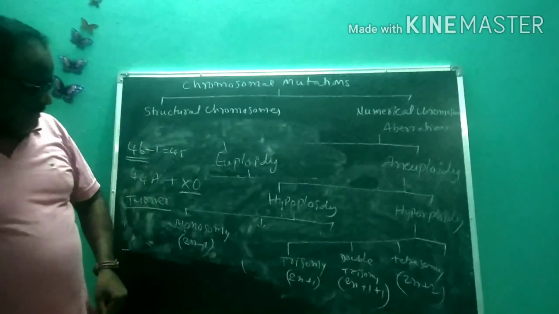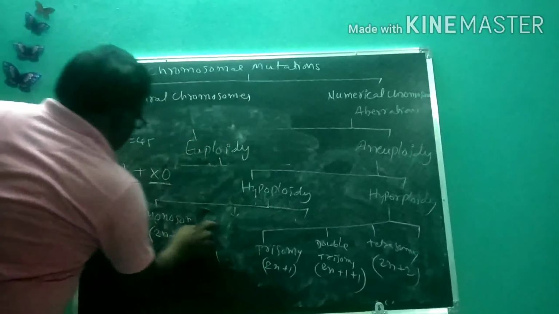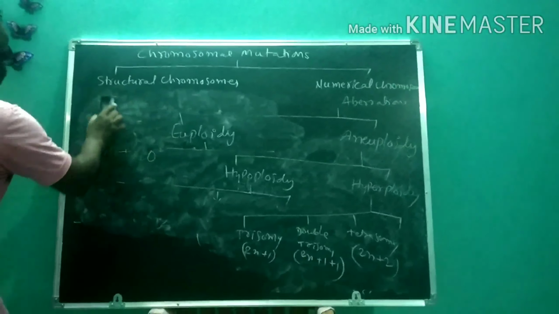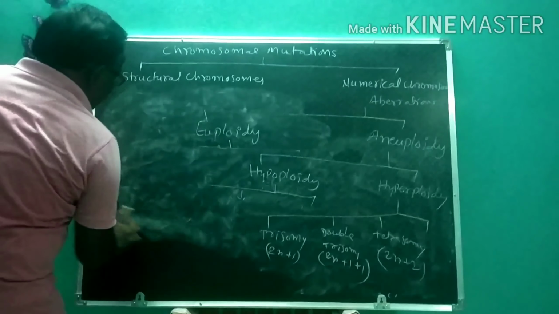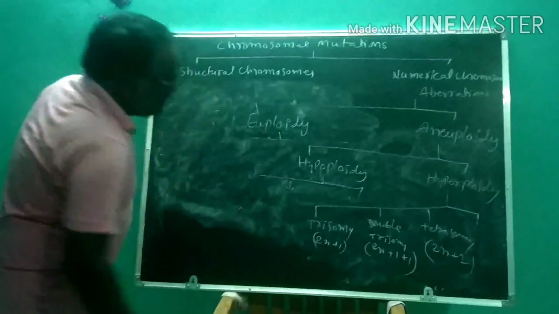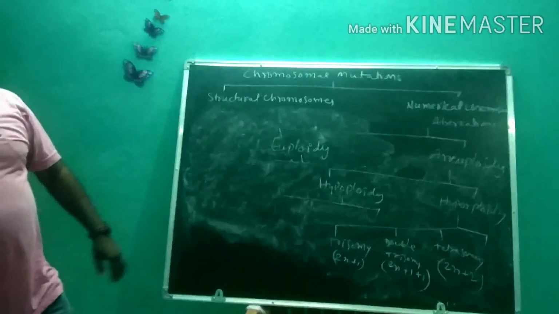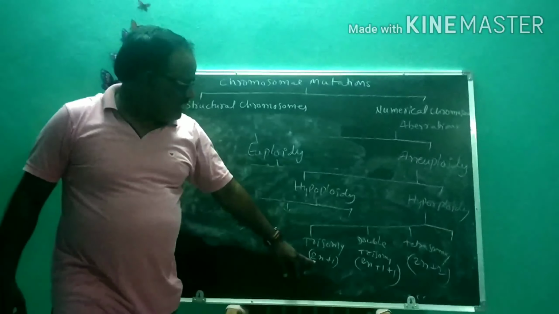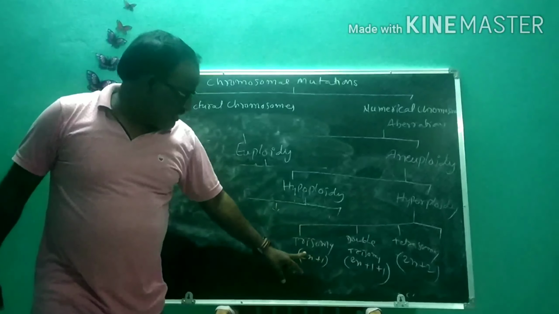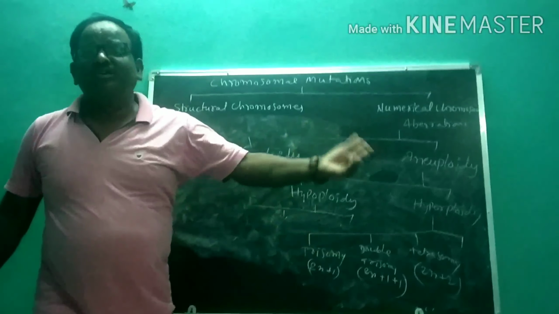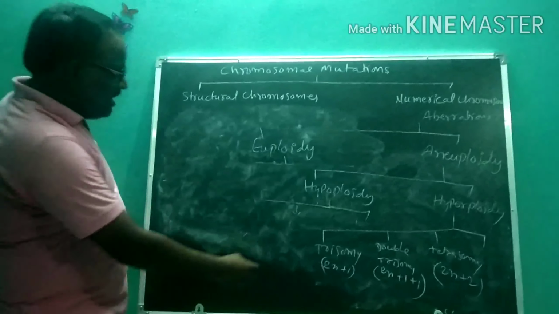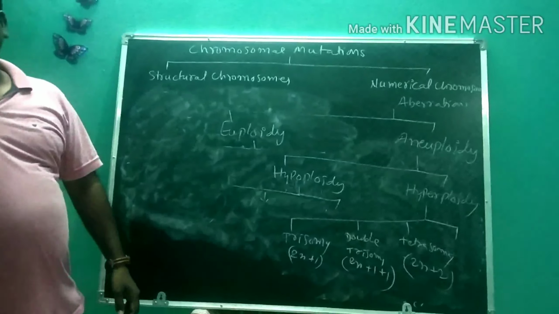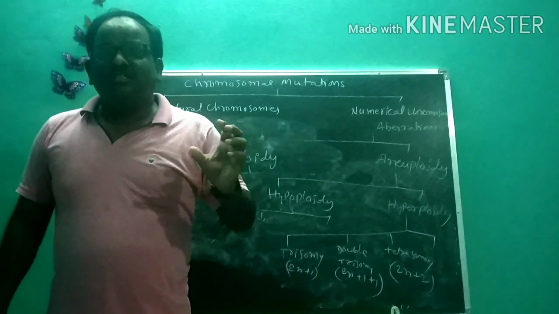First of all, trisomy. So in a human being, normal chromosomes are 46. In diploid organisms having 46 chromosomes, here we add chromosomes. It means 46 chromosomes adding any one chromosome. Trisomy is of 2 types. Generally chromosomes are autosomes and sex chromosomes.